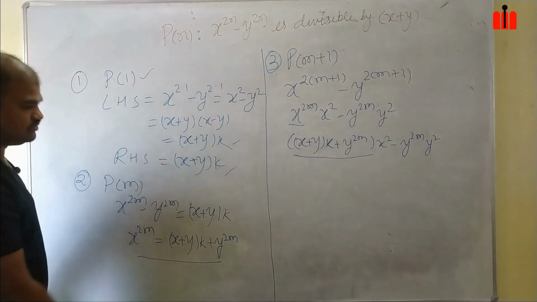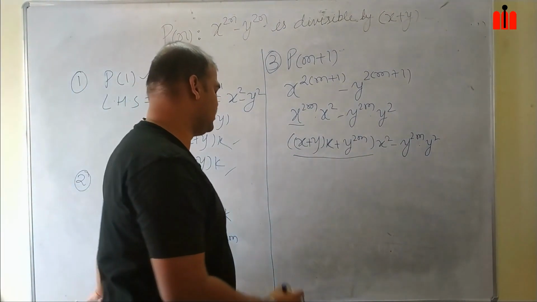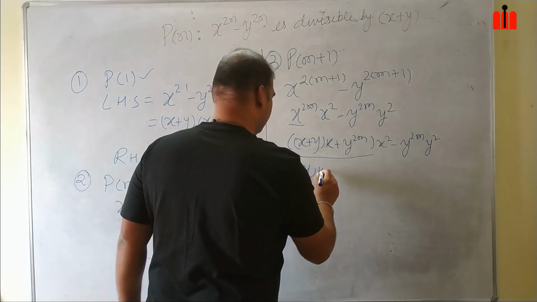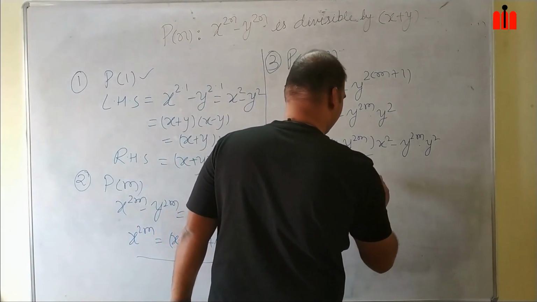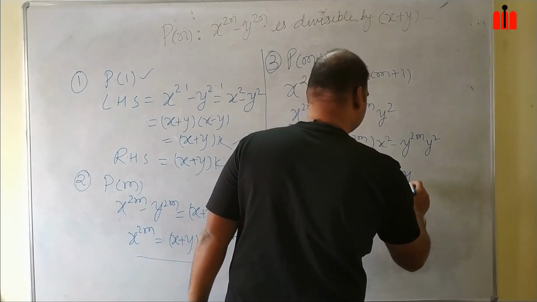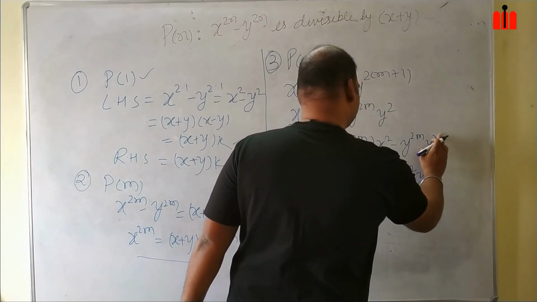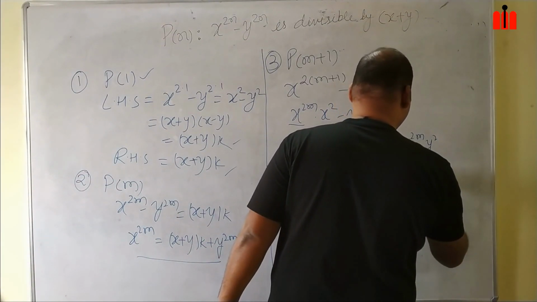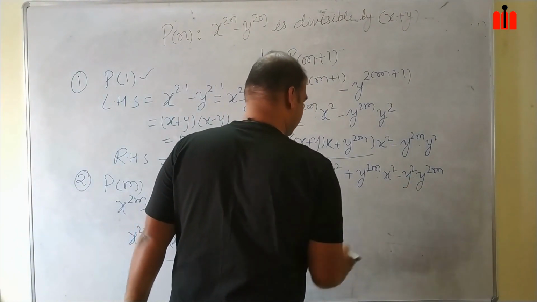Okay, so I have substituted over there. Now you multiply with x square, then you will get x plus y into k into x square plus y to the power of 2m into x square minus y square into y to the power of 2m. Okay, y square into y to the power of 2m.